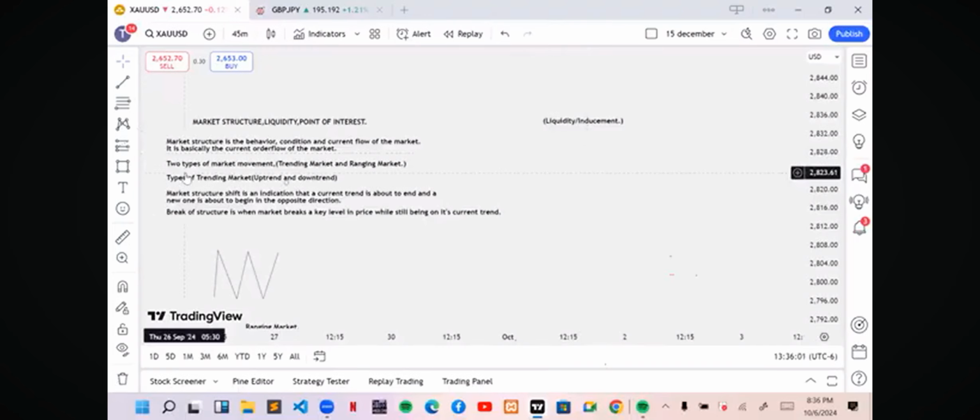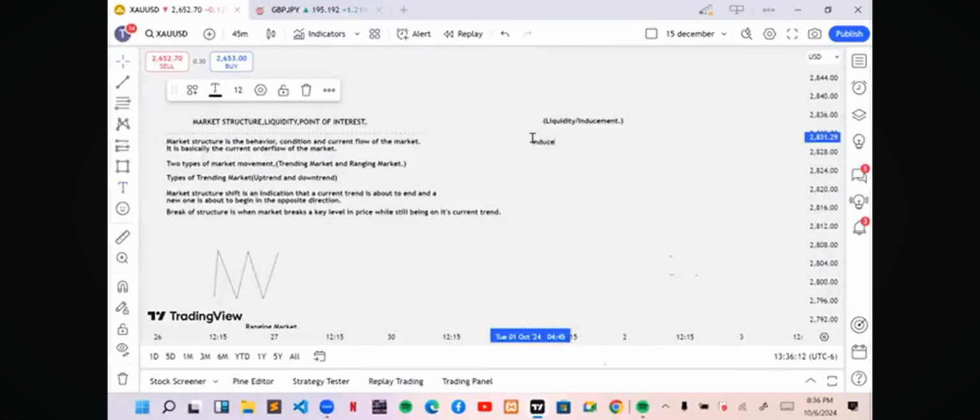So after you've gotten a break of structure or a market structure shift, the first valid pullback that the market makes is my liquidity, my inducement.